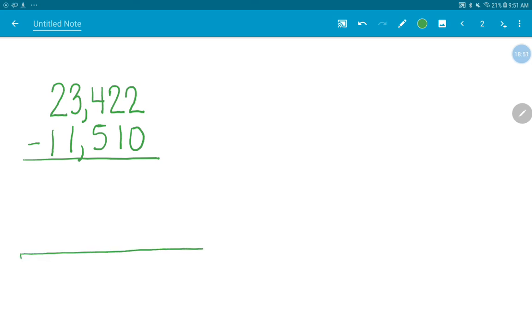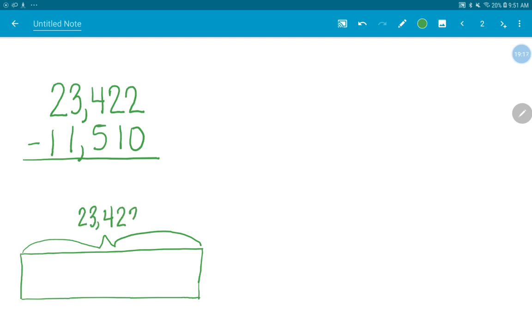Alright, I know a few of you aren't finished. That's okay. Let's check our tape diagram. I've got my rectangle, and that represents the whole amount or the total that we have. Do we know the total amount that we have in this problem? Yes. What's the total amount, Owen? 23,422 is the total.